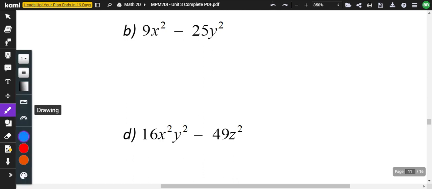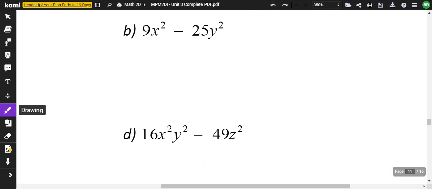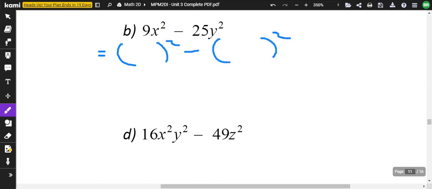In this case, we have 9x squared minus 25y squared. Wow. Okay. So if this is a difference of squares, that means that this can be rewritten like that, where essentially the square root of the term is in those little tiny brackets, right?